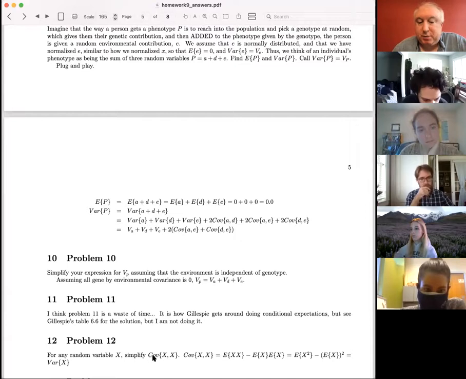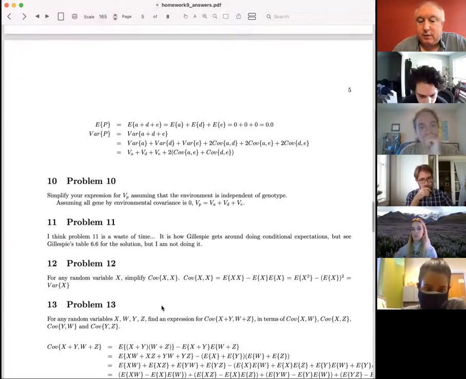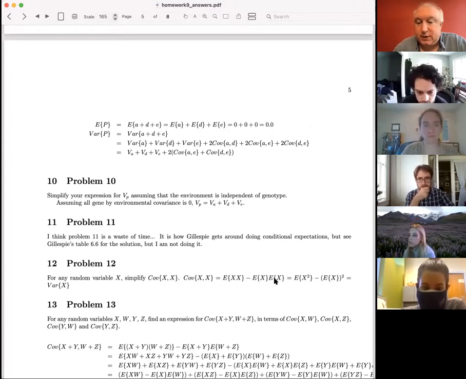I ask you to simplify the covariance of X with itself. The covariance of X with X is defined as the expectation of this thing times that minus, well, this is one of the formulas for it, minus the expectation of the first number times the expectation of the second number.